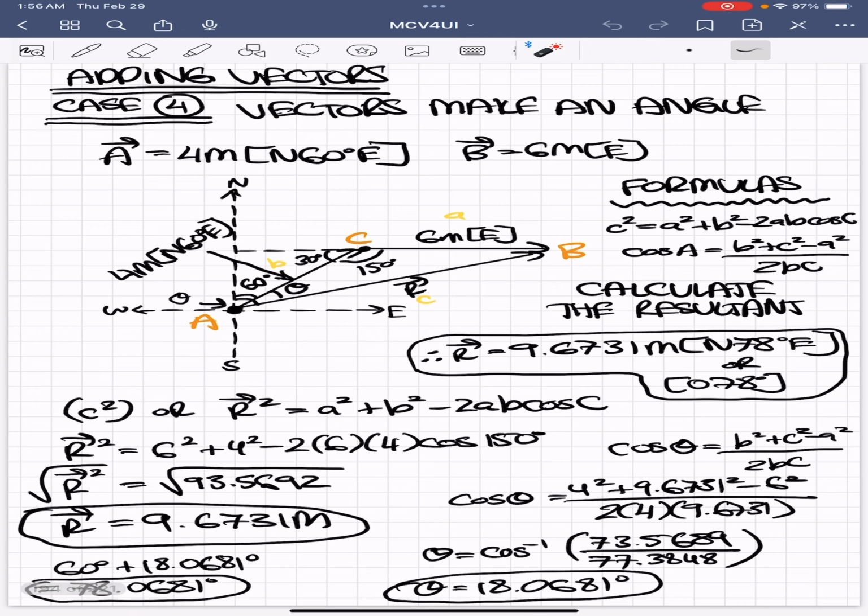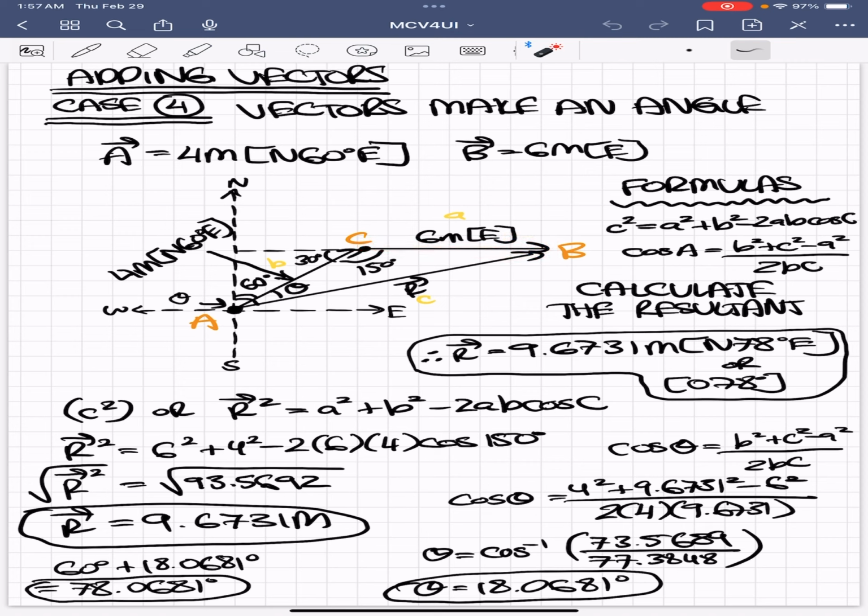And then we have 6 meters just going east, so it's a straight line. Going east, so 6 meters east.